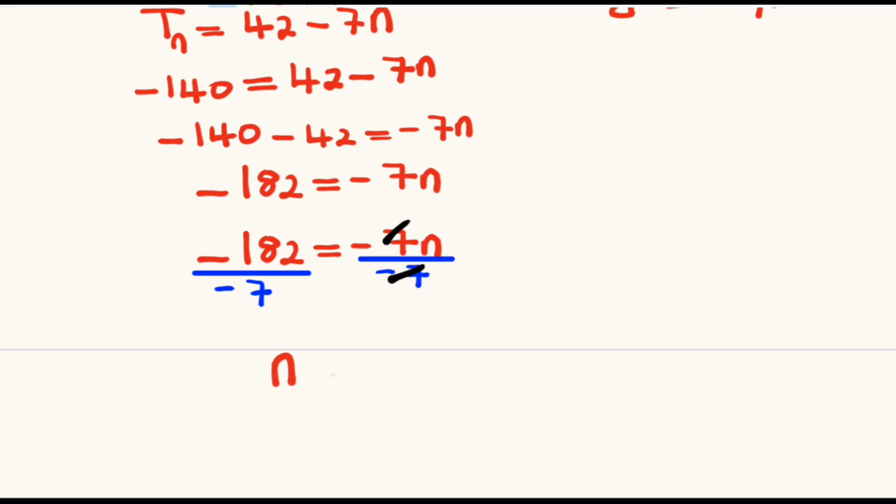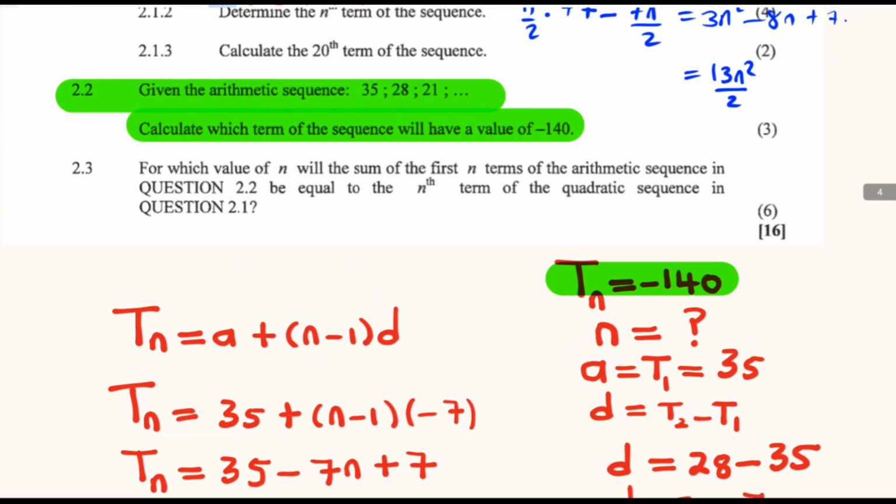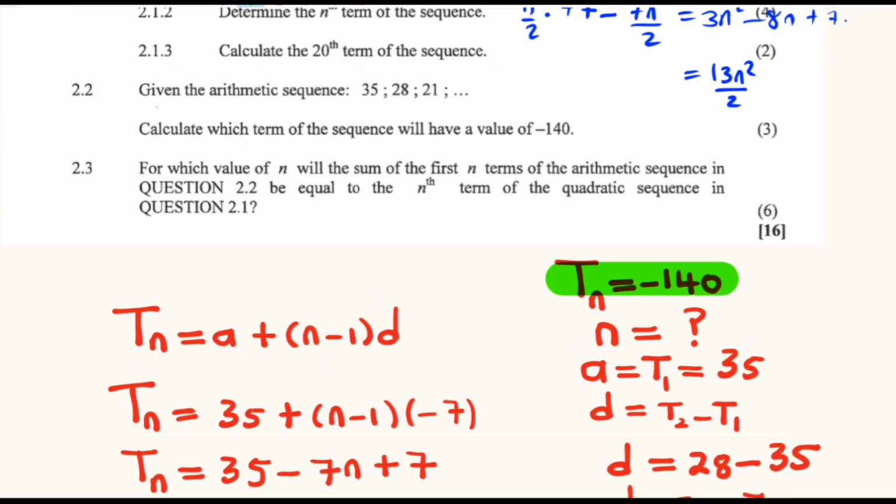Our n will be equal to negative 182 divided by negative 7, which is equal to positive 26. So it's term number 26, which will be equal to negative 140.